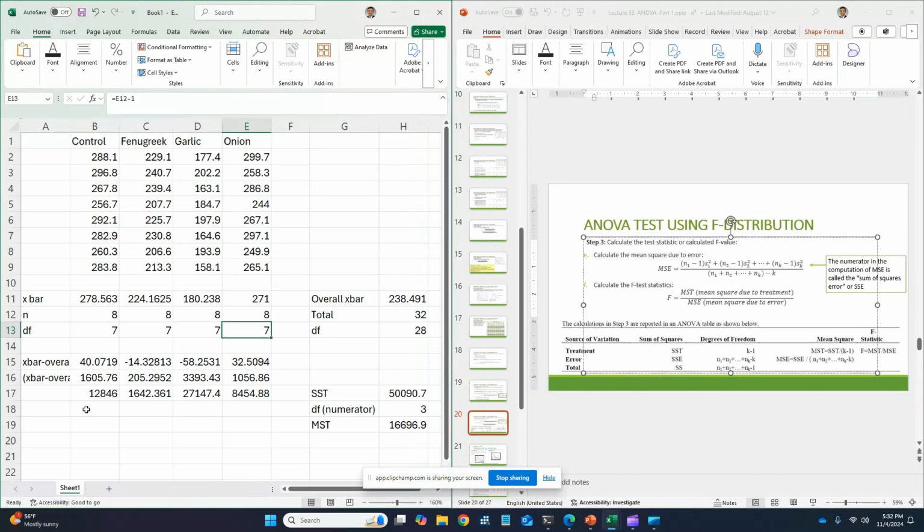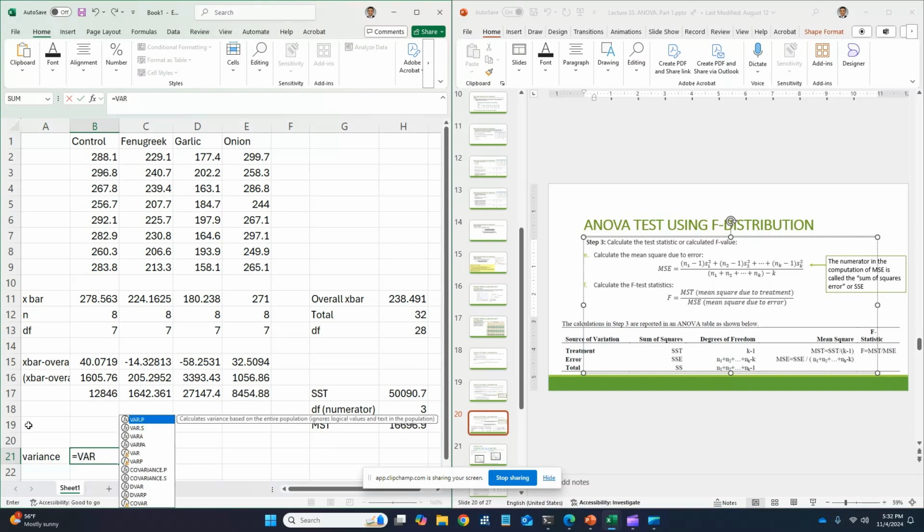So let's do that. We have variances. We can easily calculate variance. Now VAR.P is the population variance formula. VAR.S is going to give you the sample variance formula in Excel. So VAR.S, select these numbers. We're calculating sample variances. Hold on.